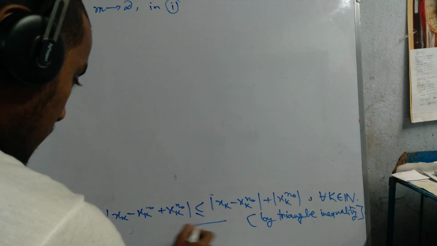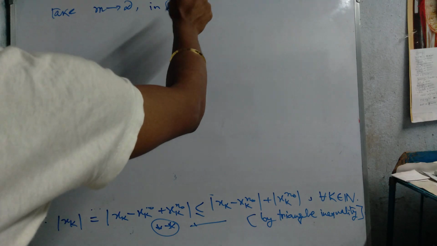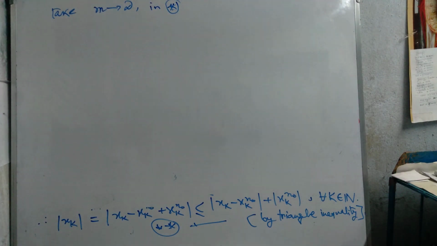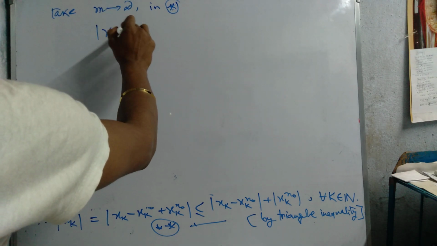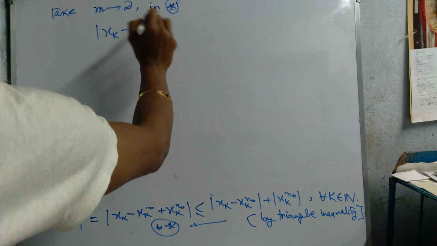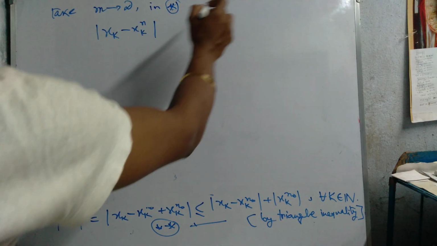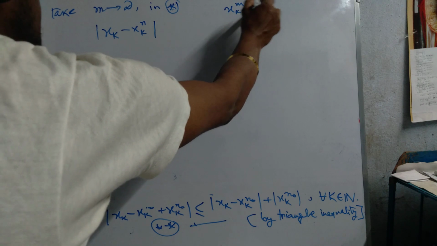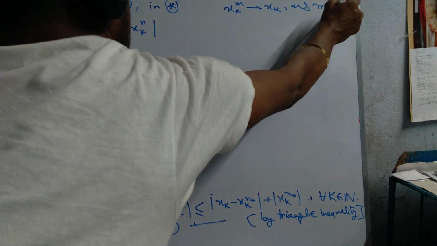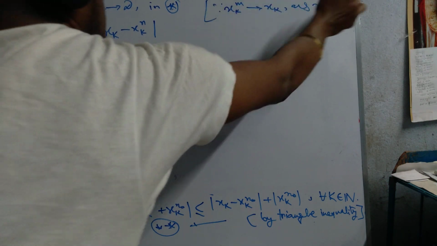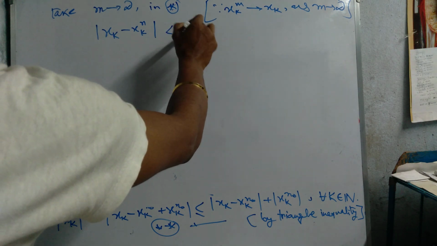Marked as double star. So here we mark this as star, so taking m as star, then what happened? Then xk minus xk^(n). Because we know that xk^(m) tends to xk as m tends to infinity, this one is less than epsilon.